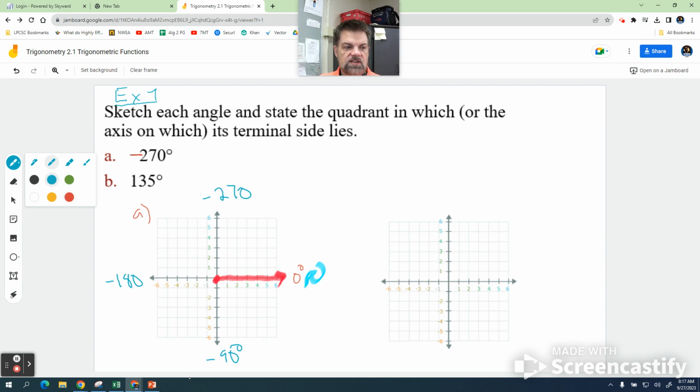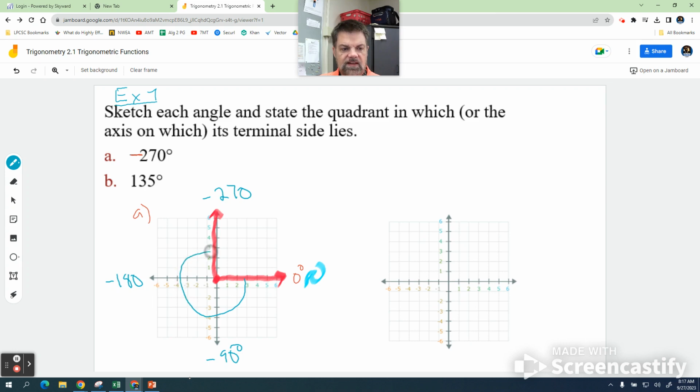Now, there's some parts to this that's kind of interesting. So from the origin, I'm going to draw my perfect little line up like this. And so my angle is this. This is my angle.